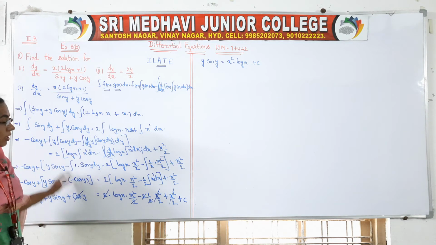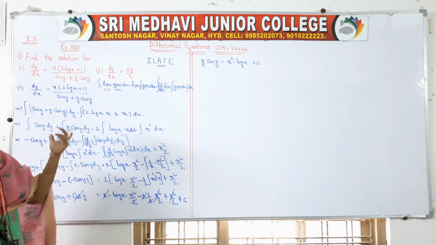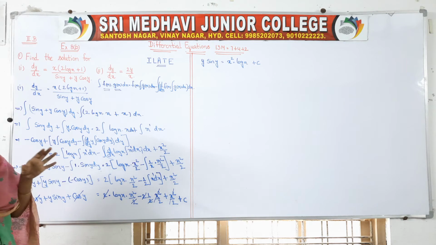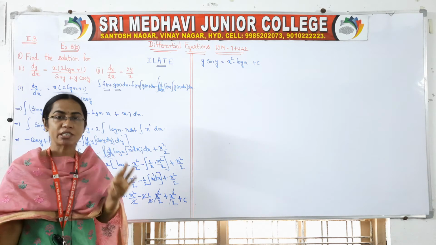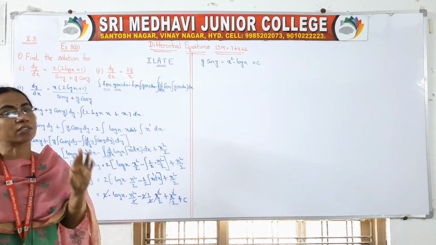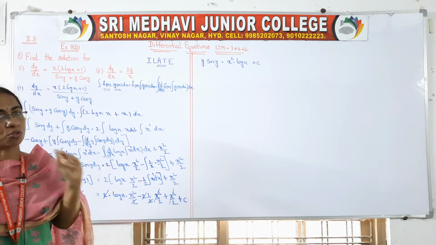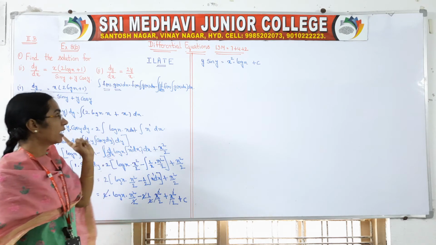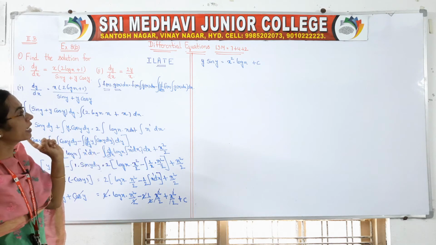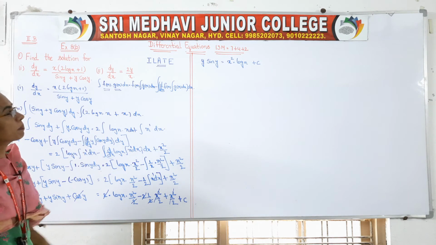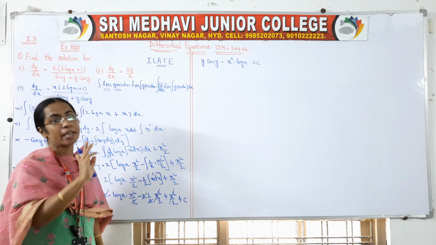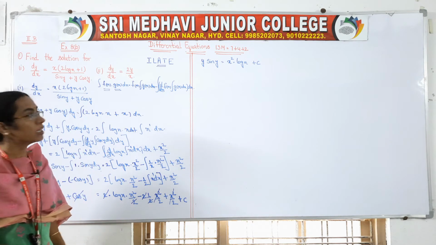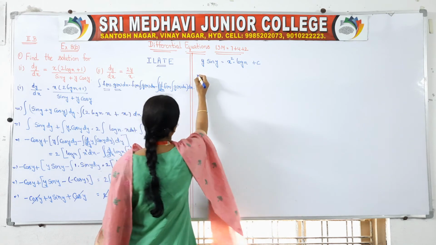So mainly the product form we used in this problem, and while taking the product form, to decide f of x and g of x, we have to follow the ILATE rule. Once again, I represents inverse, L represents logarithmic functions, A represents algebra, T represents trigonometry, and E represents exponential function. Okay, so now come to the second question.